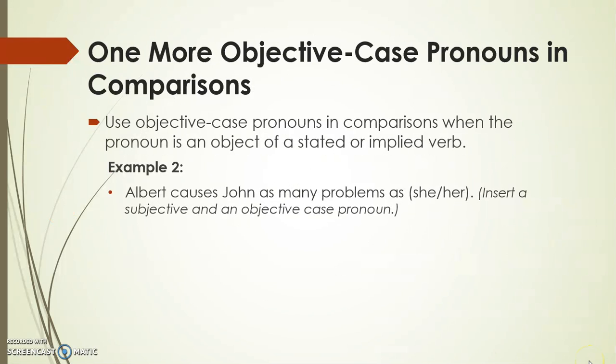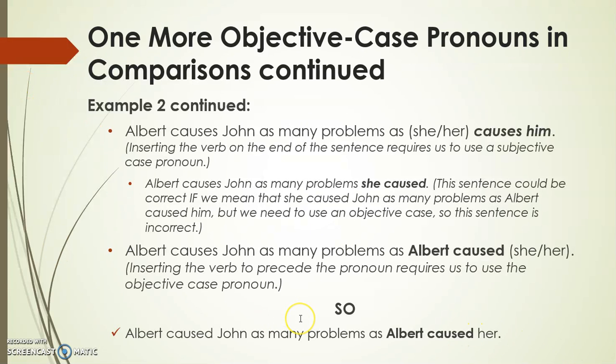Now, sometimes, just like in the case a few seconds ago, the pronoun you choose can actually change the meaning of the sentence. Let's look at this example. Albert causes John as many problems as she or her. Both of these can be right, actually. You could mean that Albert causes John as many problems as she causes him. And in that case, she would be correct.